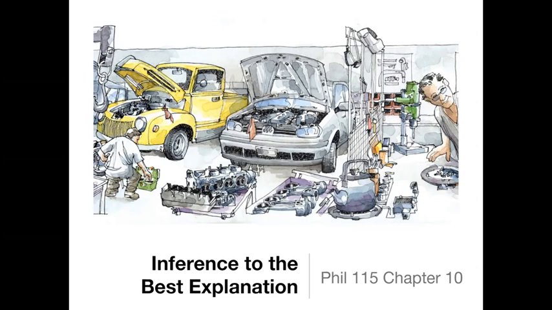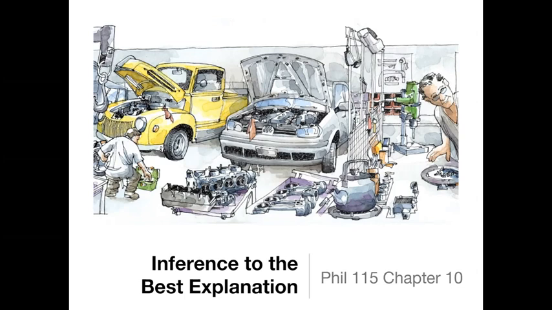Now, of course, we don't always get these kinds of explanations correct. We often misdiagnose people. Car mechanics can misdiagnose what's wrong with our car. We can attribute a cause to something that's not the appropriate cause, as we saw a little bit in our chapter on Mill's methods.